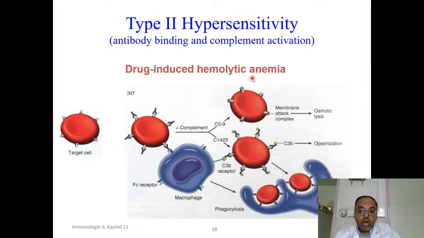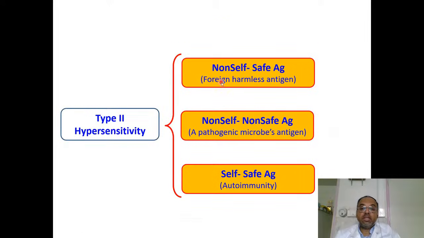So drug-induced hemolytic anemia is an example of type 2 hypersensitivity, which is directed against a foreign entity which is safe, drug molecules in this case. So these are mechanisms by which red blood cells will be damaged. This is an example of type 2 hypersensitivity against non-self-safe antigens.